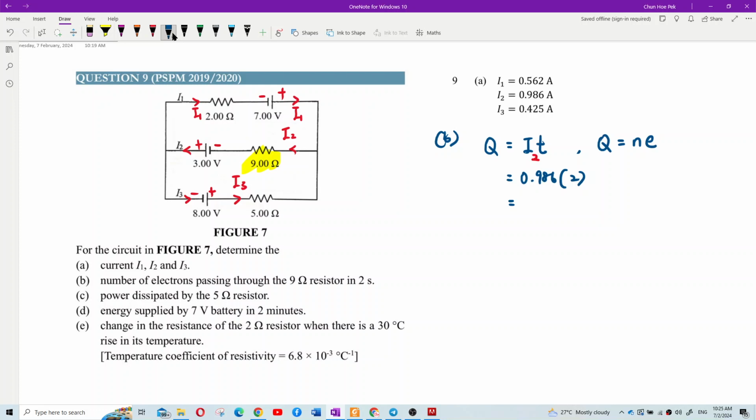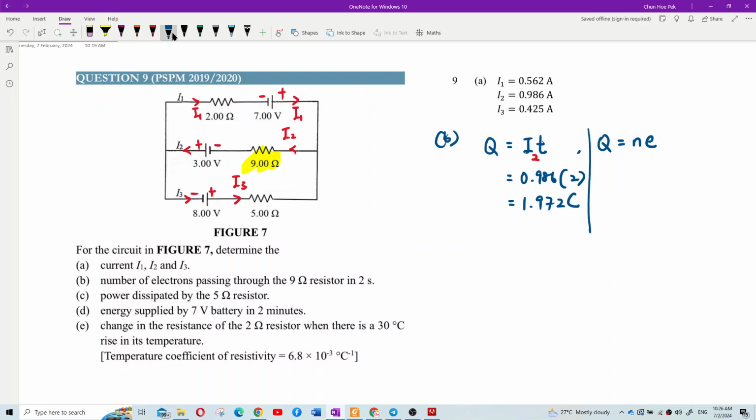So what's the answer? 0.986 multiply 2. Oh, okay. I got 1.972 coulombs.